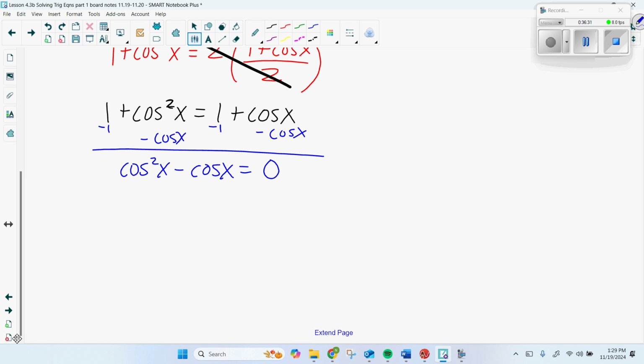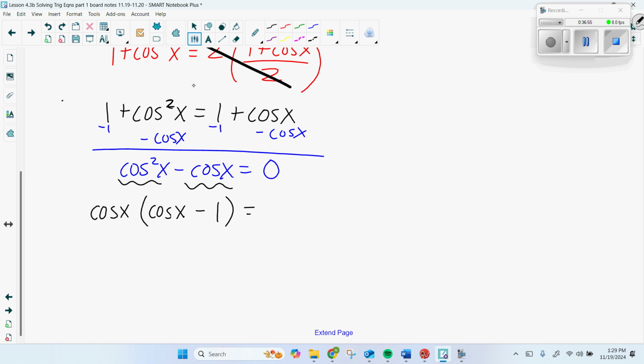What kind of factoring do I have to do? GCF. Yeah, I'm going to factor out a GCF because they both have cosine in them. So I factor out a cosine. If I divide a cosine out of this, I'm left with a cosine. If I divide cosine out of the second term, what am I left with?